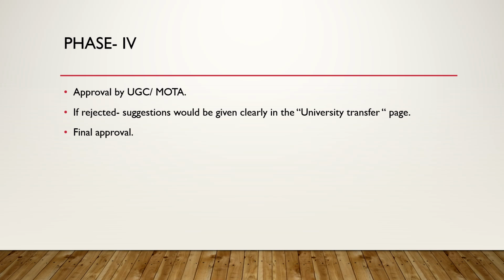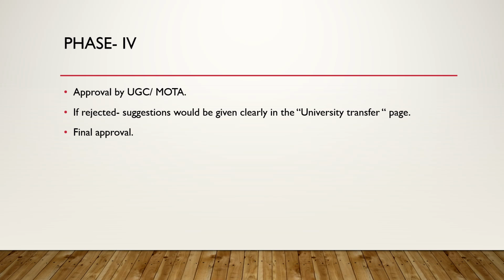Then in phase 4, which is the final approval by UGC or MOTA, usually if there are any issues in the uploaded NOC letter or in any procedure, they will first reject it and they will very clearly mention what exactly has to be done to get approval.